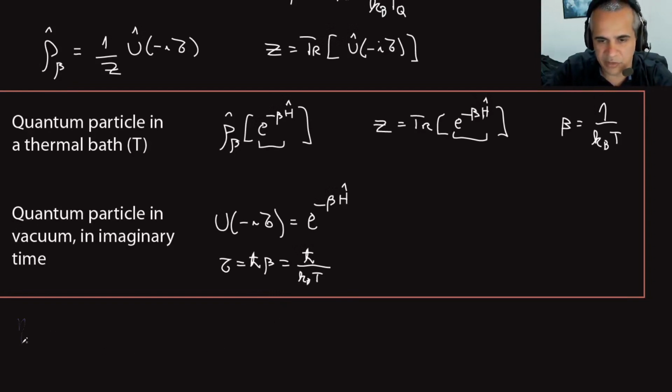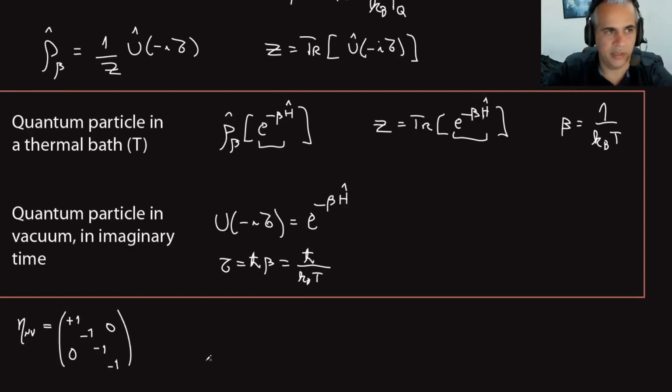So I'm using this convention for our metric. It's just the mostly minus convention of particle physicists. It's not very convenient for Wick rotations, but you can use it anyway. And in this convention, the space-time interval is this.